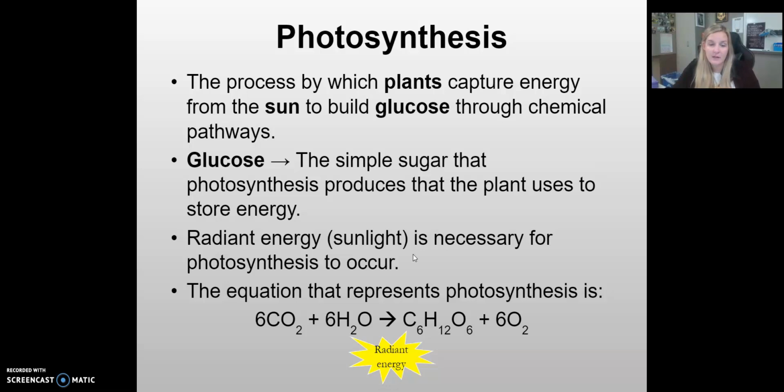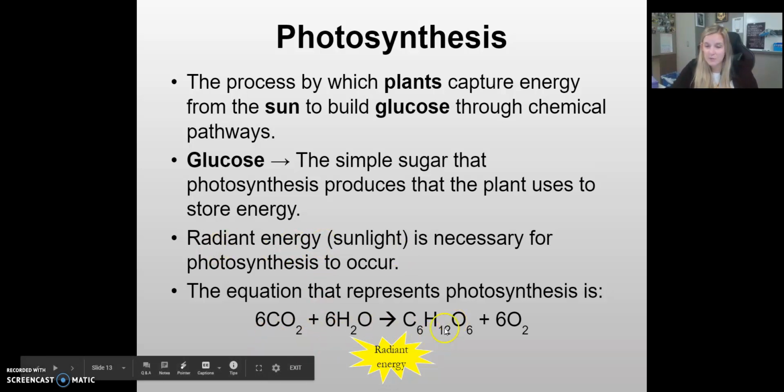If the sunlight is not there, the radiant energy is not there, then the equation here will not be able to create its products because that is a requirement for the equation to work. So we'll remember this equation here. If you do not have this memorized, you need to get it memorized as soon as possible.